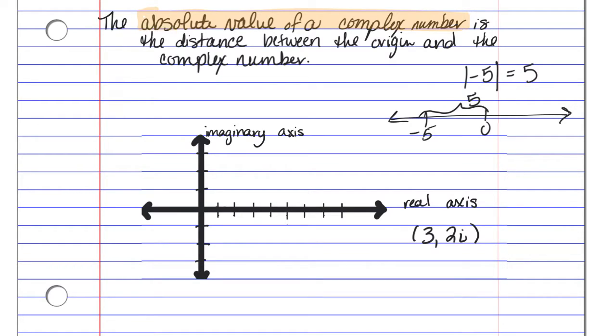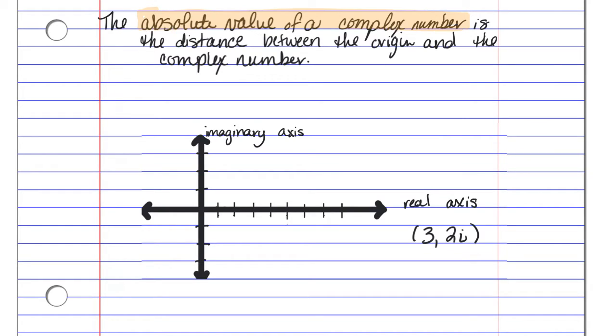Another example would be if I decided to go outside and run, I could either run 1 mile to the north, or I could run 1 mile to the south. It doesn't matter which direction I'm running, I'm going to run a total distance of only 1 mile. Your fitness tracker will never say, oh, well, you ran negative 2 miles today. It just says 2 miles. And then the direction in which you ran is entirely separate from the distance in which you ran.